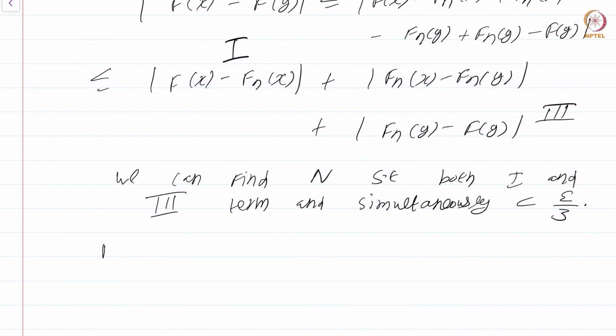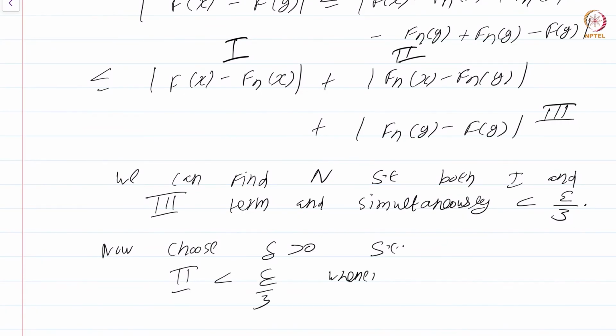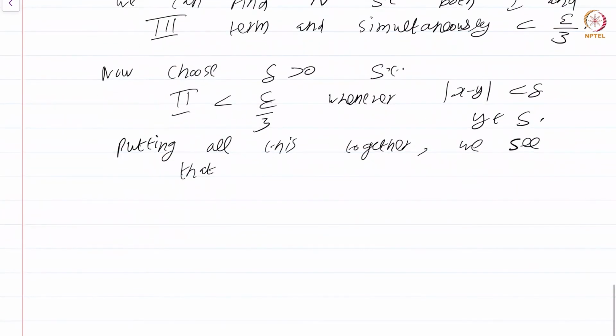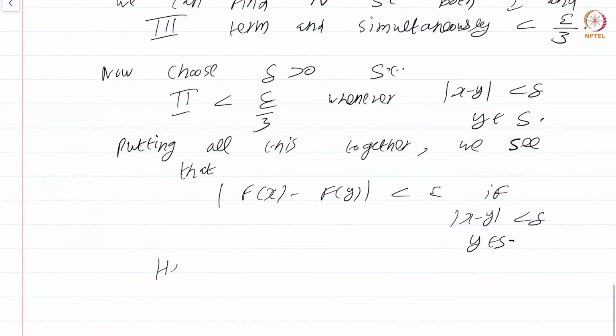Okay, now choose delta greater than 0 such that the middle term is less than epsilon by 3 whenever mod x minus y is less than delta and y is coming from S. Okay, so putting all this together we see that modulus of f of x minus f of y is less than epsilon if mod x minus y is less than delta and y is coming from S. Hence, f is continuous.